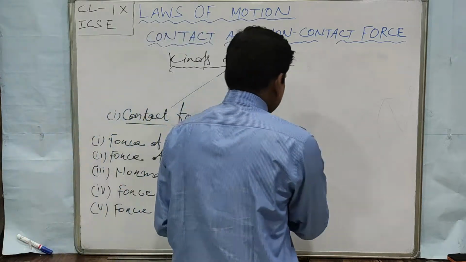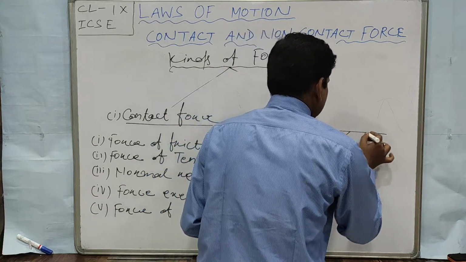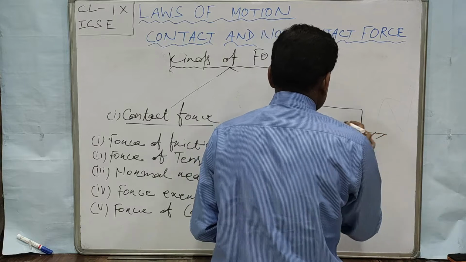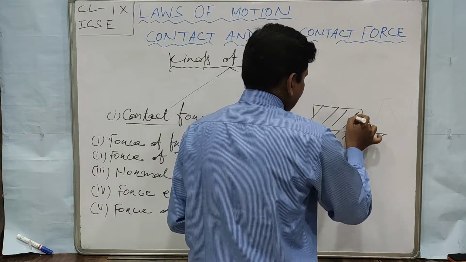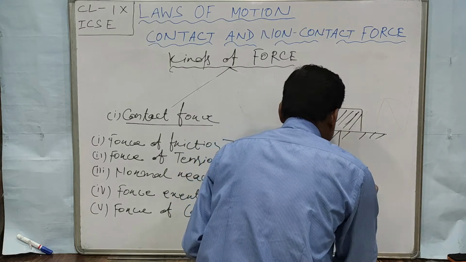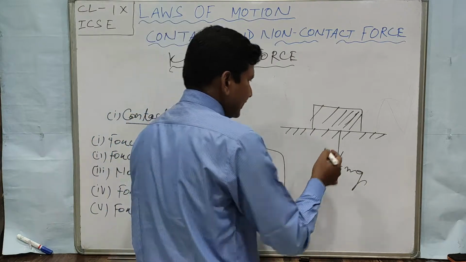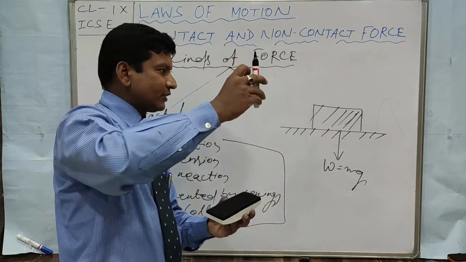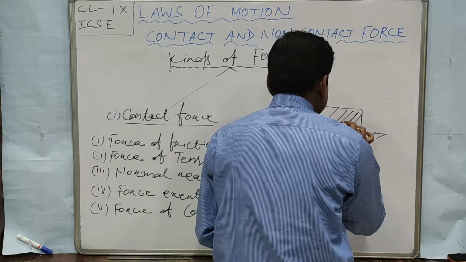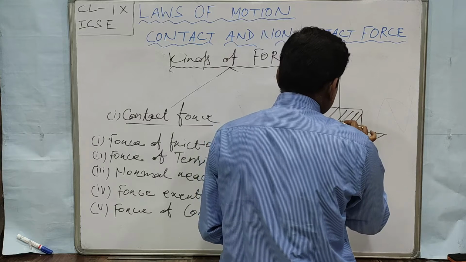See over there. Suppose this is a table. On this table the body is lying over here. The weight of the body is acting along this direction, W is equal to m into g, vertically downward. A force is exerted in the upward direction, which will be perpendicular to the surface.